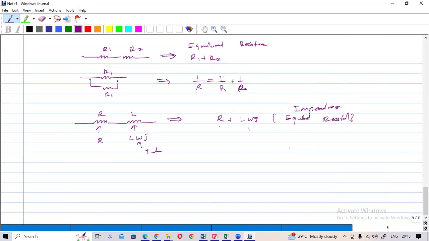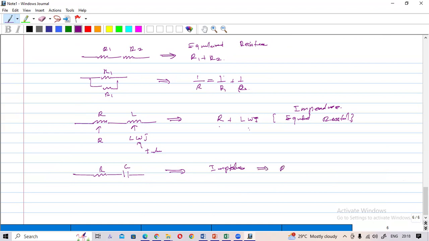And if you connect a resistor with a capacitor, what is the impedance? What is the total impedance of this circuit? Let's say that this is C. Then what is the total impedance?